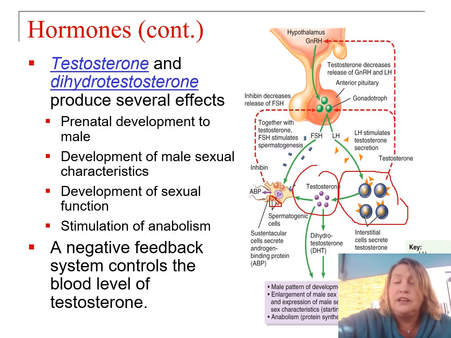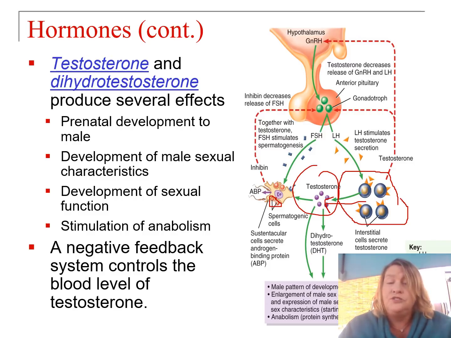So there's already a mechanism in place that the interstitial cells or Leydig cells secrete testosterone, right? And then act on the sustentacular cells to increase spermatogenesis. All right, so the negative feedback process.